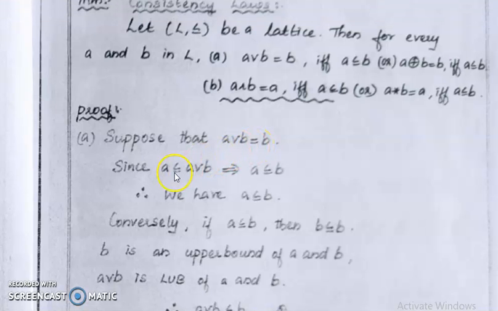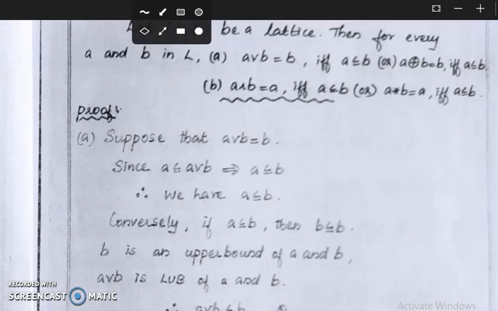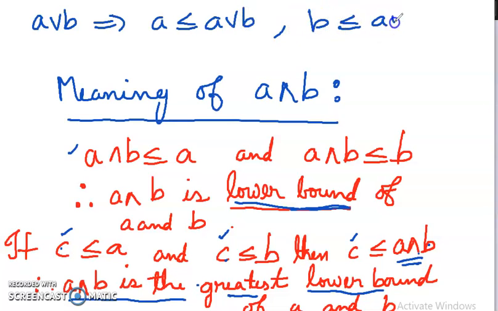Just now we learned the meaning of a ∨ b. a ∨ b implies a ≤ a ∨ b, and b ≤ a ∨ b.